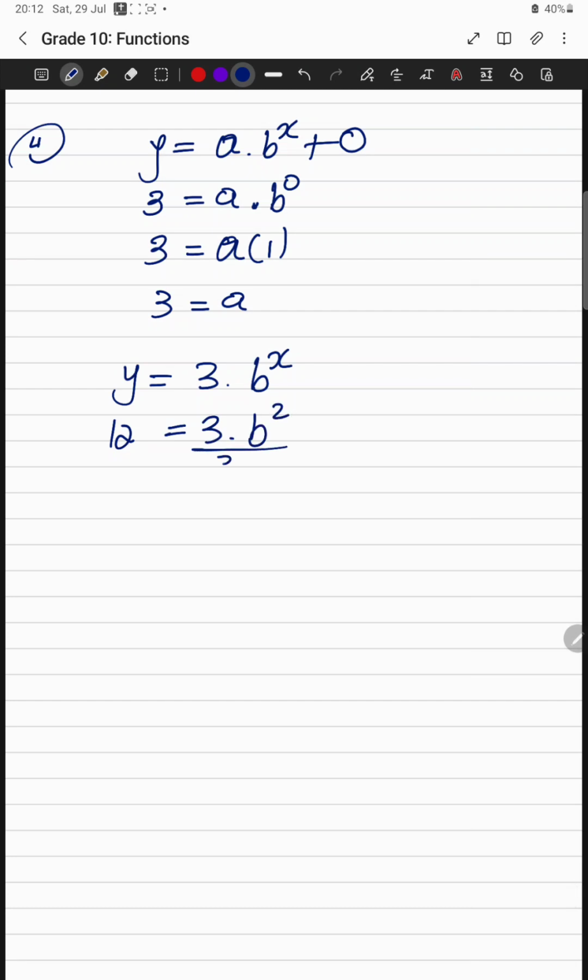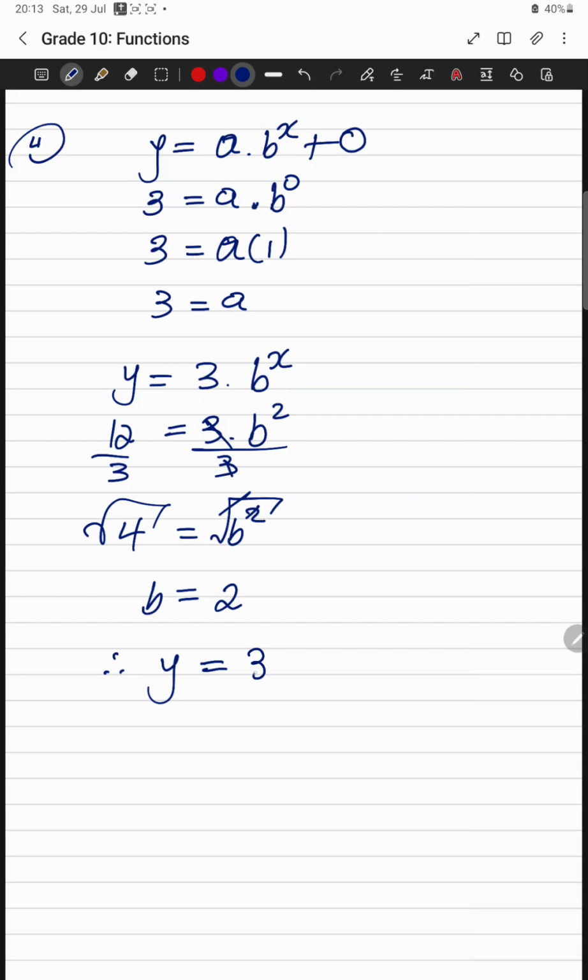And then we just divide both sides by 3. And then this must be 4 equals b squared. And then the next step is to take the square root of both sides, so that we have b, and the square root of 4 must be 2. So therefore the equation: y is 3 times 2 to the power x.